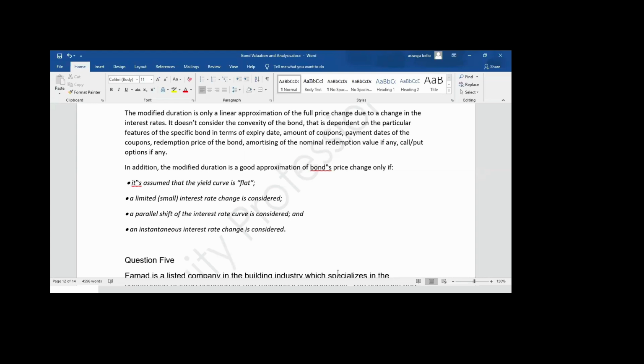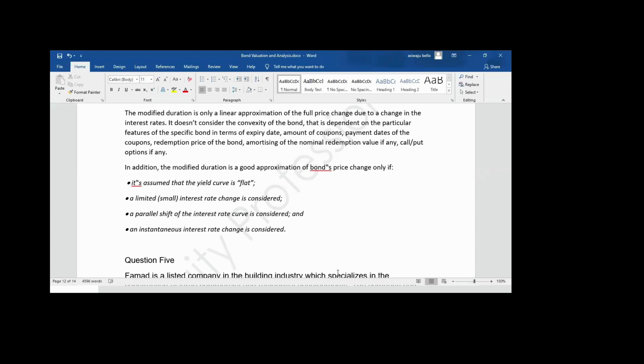The interest rate will change instantly, not gradually. All these assumptions are not realistic. Hence, modified duration is just an approximation. It will not give us the exact change in the value of the bond.